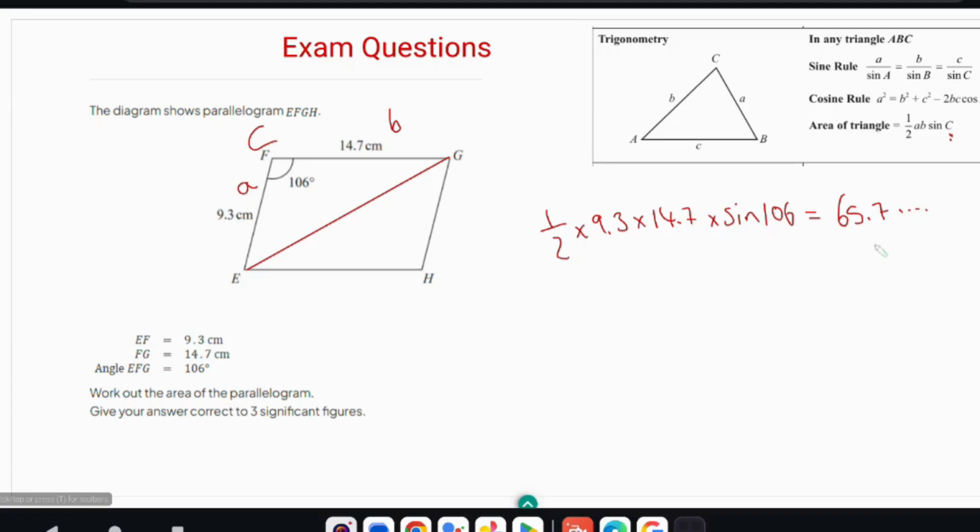Need to times that by 2 to get the area of the whole parallelogram, which is 131 to 3 significant figures.